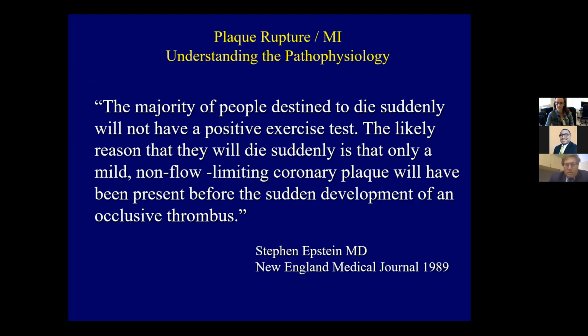The likely reason that they will die suddenly is that only a mild non-flow limiting coronary plaque will have been present before the sudden development of an occlusive thrombus. So non-obstructive plaque suddenly ruptures, every platelet in sight goes and forms a thrombus at that site.